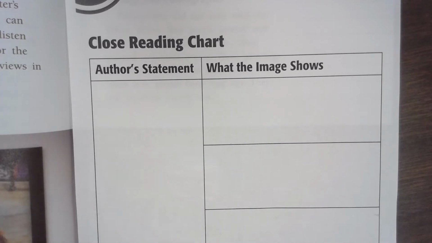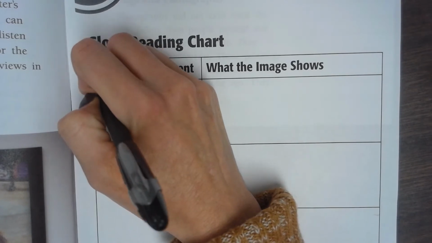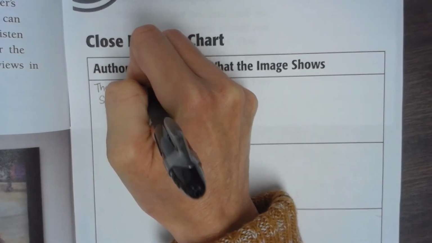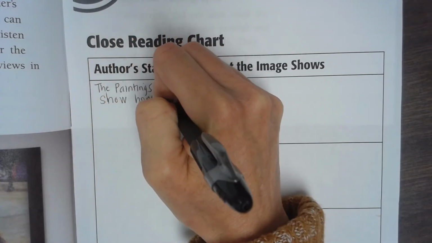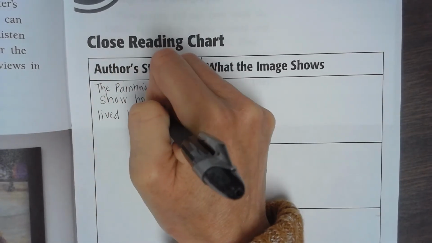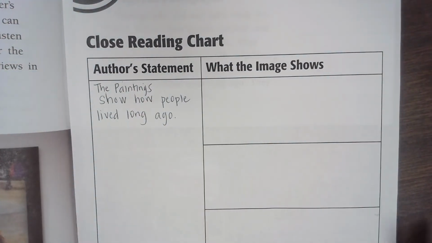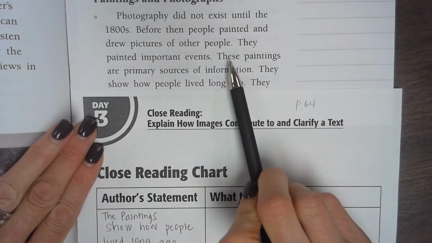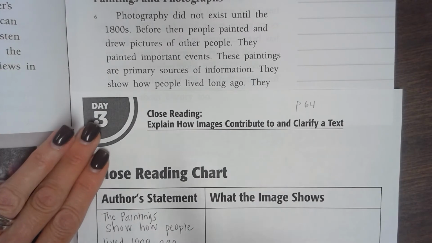So we're going to take the sentence that the author said about the paintings, show how people lived long ago. And that's a sentence I took right from paragraph 6. These paintings are primary sources of information. They show how people lived long ago.